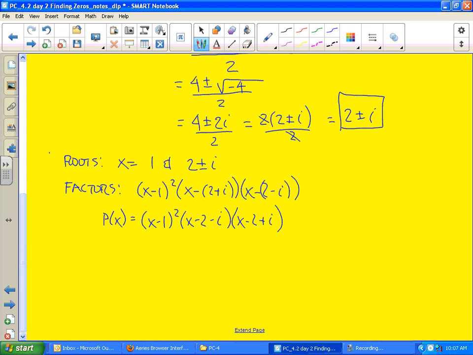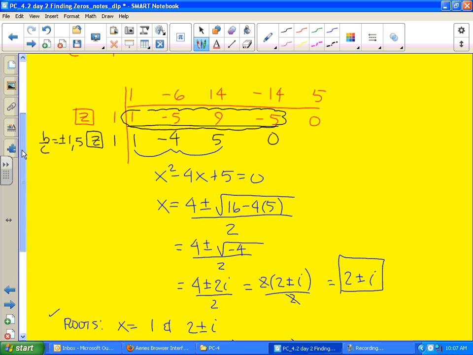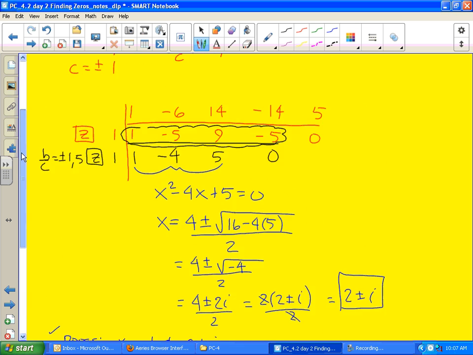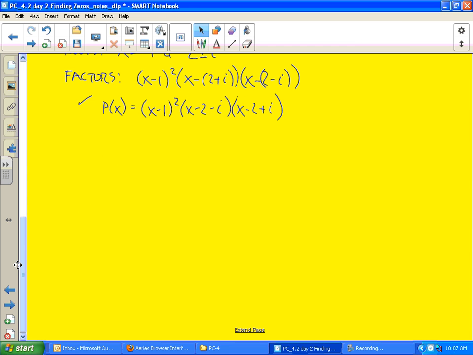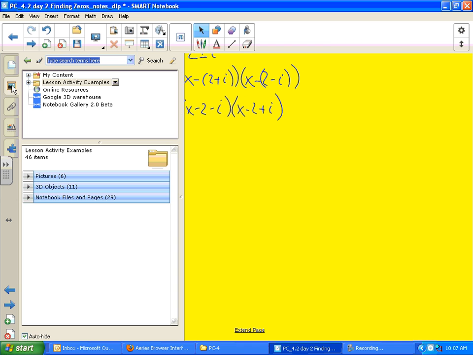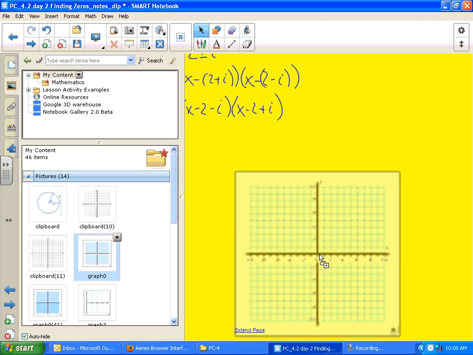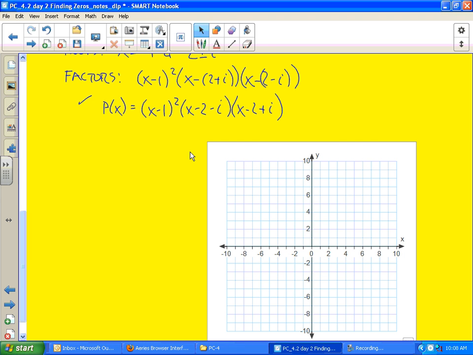All right, found our roots. Find our factored form. I could graph it from here as well. What degree is this one? It's a 4th degree function. So let's take a look at the graph real quick. It's a 4th degree function, which means I have even.